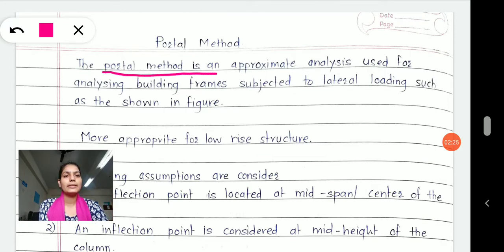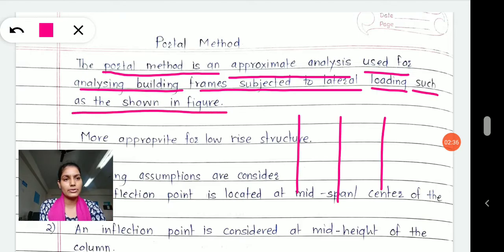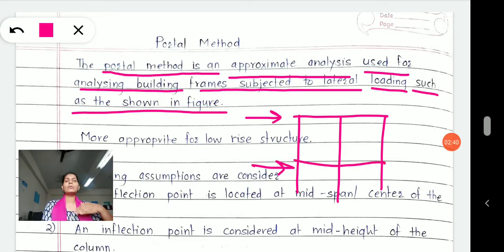The portal method is an approximate analysis used for analyzing building frames subjected to lateral loading, such as shown in the figure. So I will show you with the figure. When we go for high-rise structures, those structures consisting of 2, 3, 4, 5 floors may obstruct the wind flowing in that area.